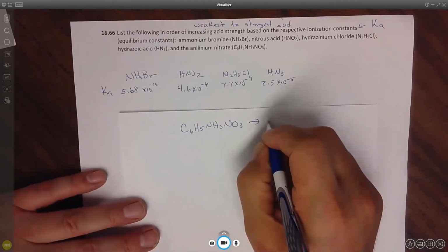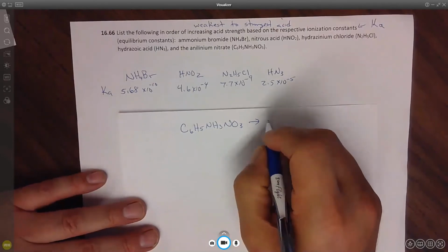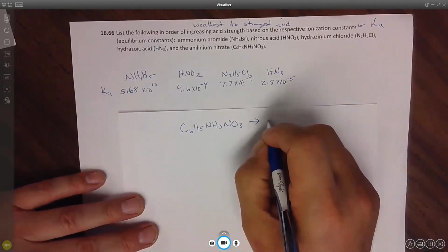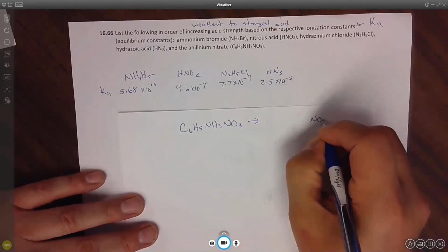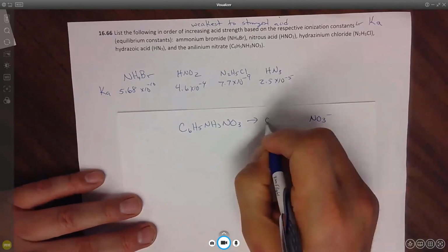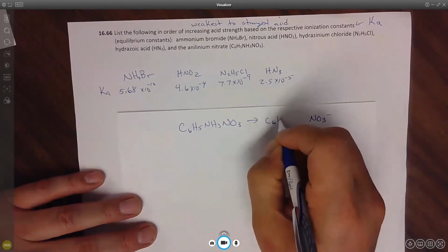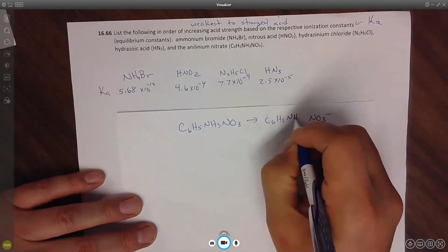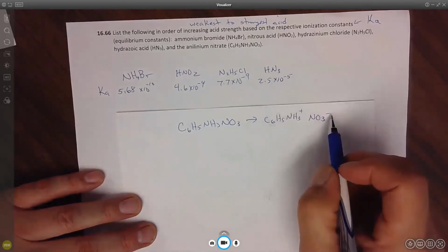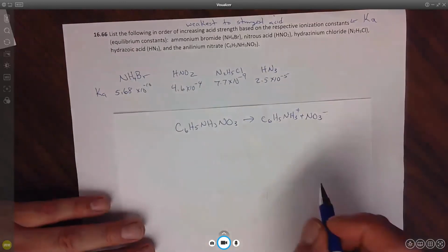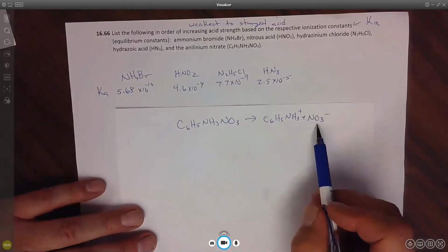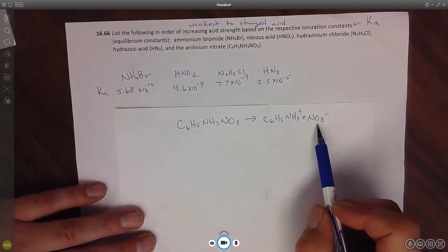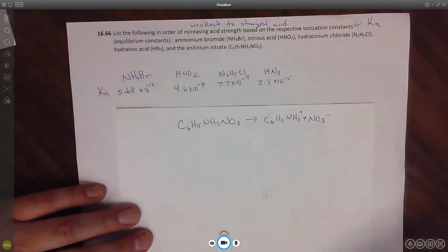The aniline and nitrate. Okay, so this thing here is going to have a +1 charge since the nitrate has a -1 charge. Will the nitrate hydrolyze? No, because it would form the strong acid. It's the conjugate base of a strong acid, so it's not going to hydrolyze.